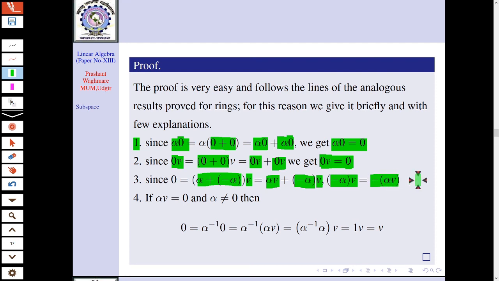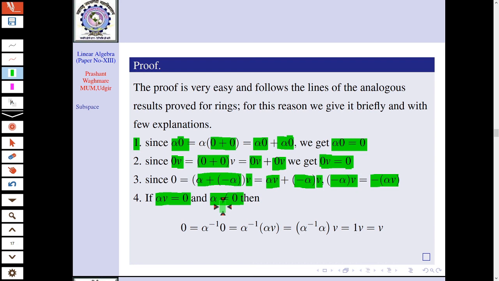This is the second statement. Now for the third statement, what I want to prove? I want to prove that alpha equal to 0, and I need to assume V is not equal to 0. Then I will get a contradiction after assuming that alpha is not equal to 0. Now if alpha V equal to 0 and alpha is not equal to 0, and as alpha is non-zero, alpha is an element of the field, right?